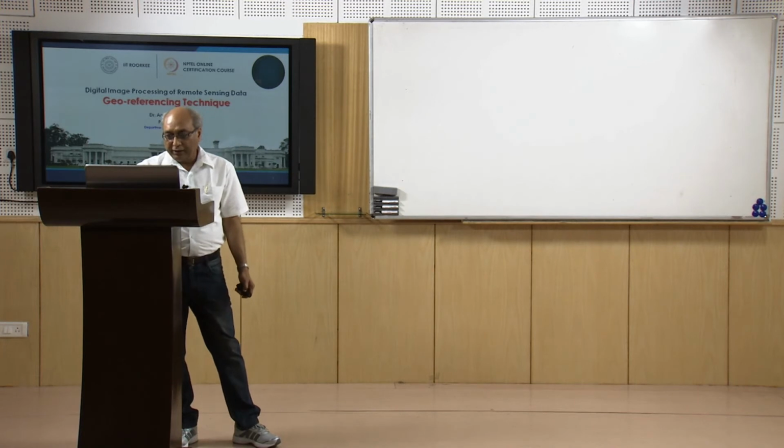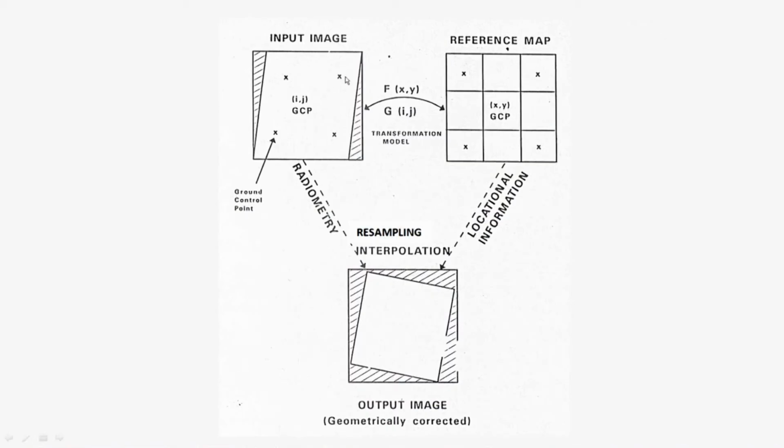Here the example of georeferencing is shown schematically in a very simple fashion. This is my raw or input image which is not yet georeferenced, so it belongs to a geometric domain. Four control points are shown.